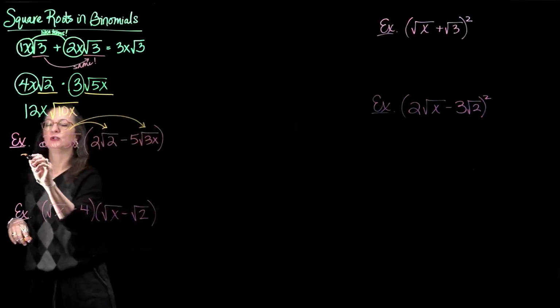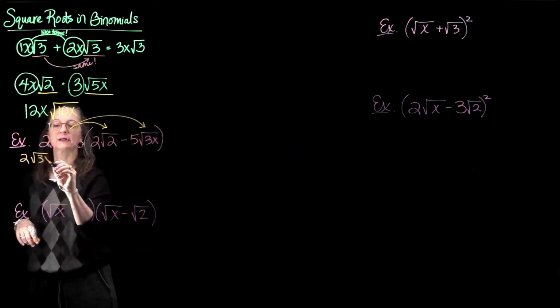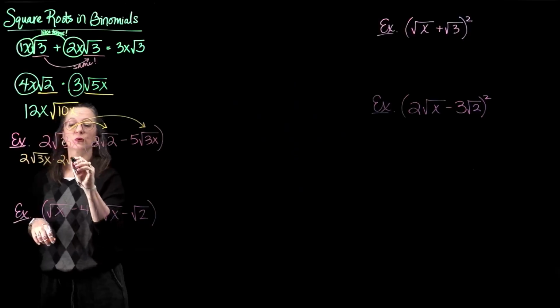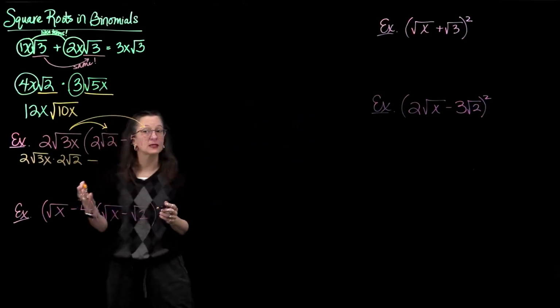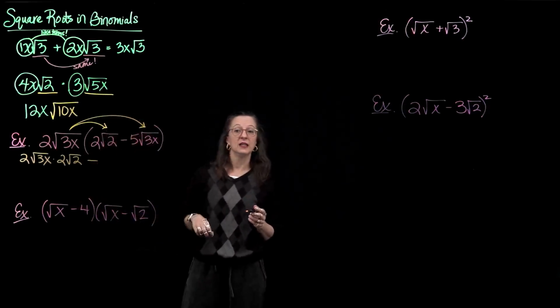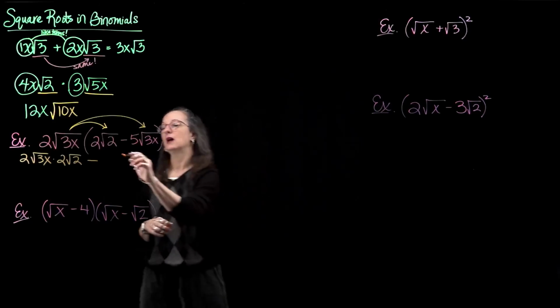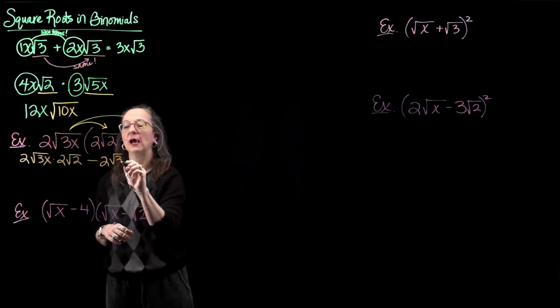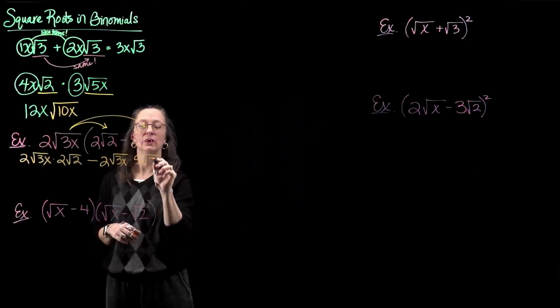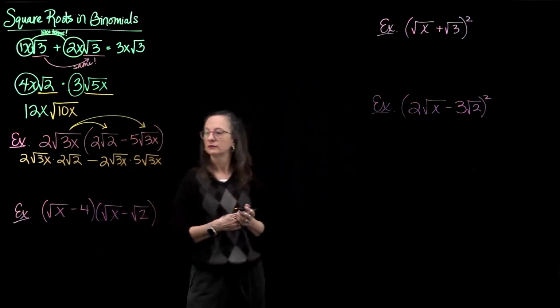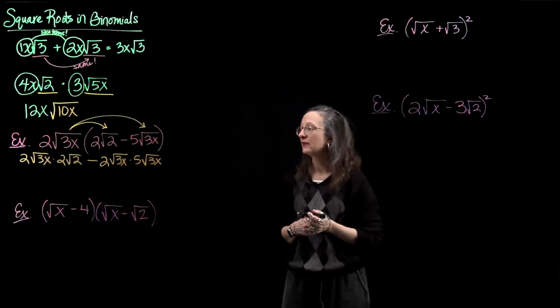I have 2 square root of 3x times 2 square root of 2 minus, because remember we keep that sign from the inside of the parentheses, 2 square root of 3x times 5 square root of 3x. All right.